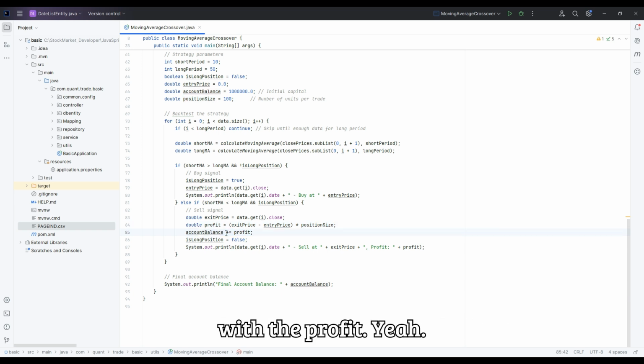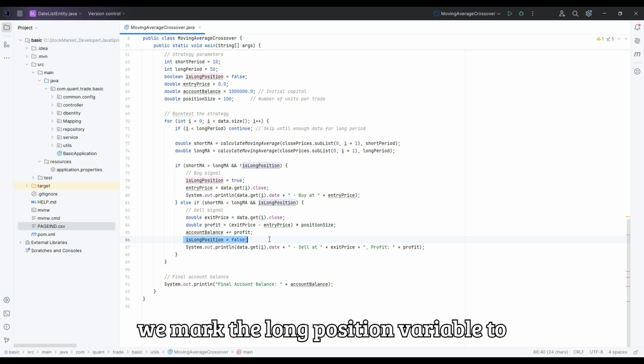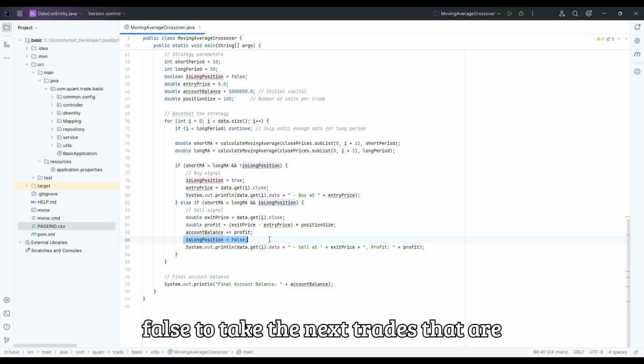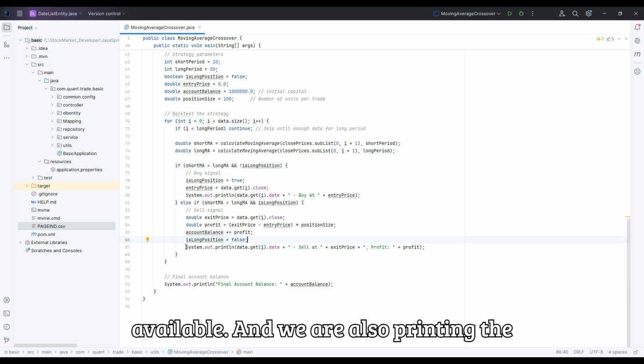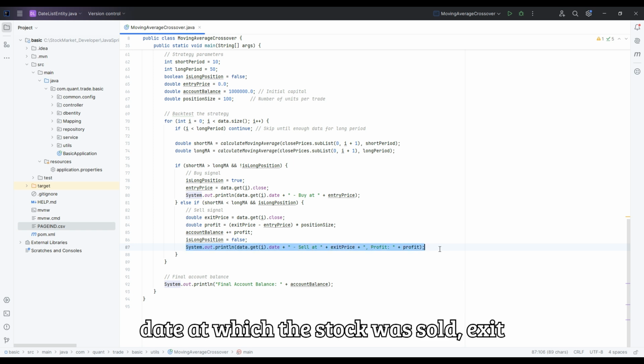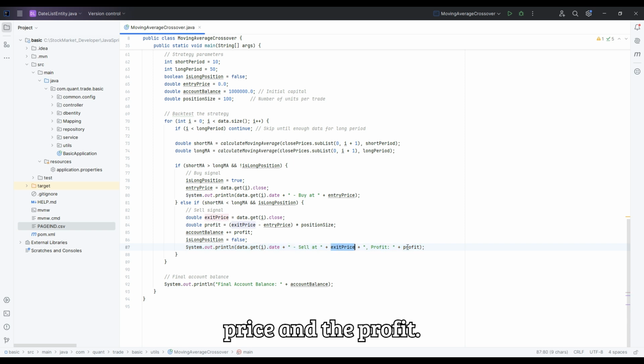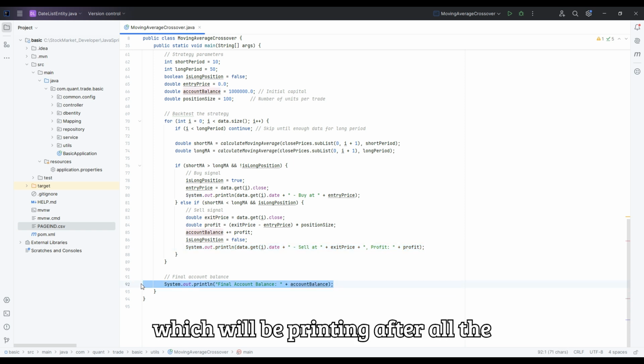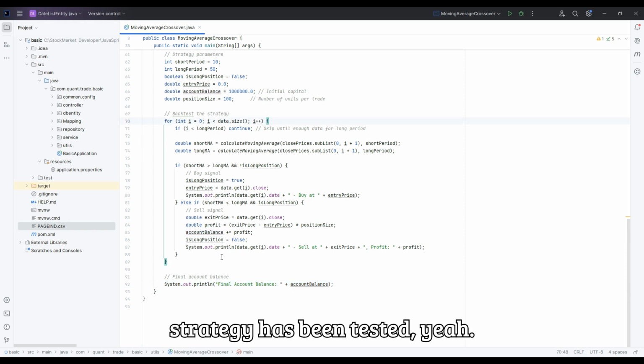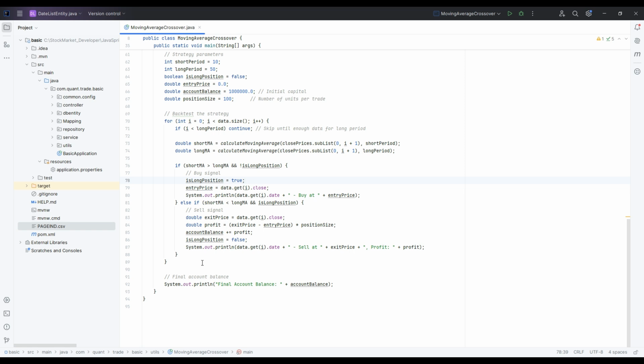We will make sure we mark the long position variable to false to take the next trades that are available, and we are also printing the date at which the stock was sold, the exit price, and the profit. Finally, this is the account balance which will be printed after the entire strategy has been tested.